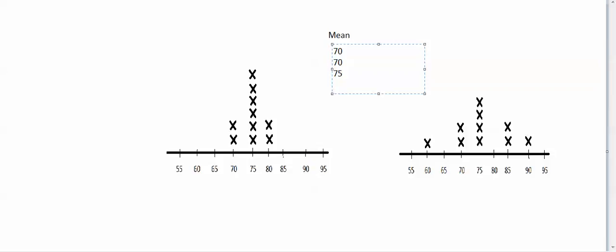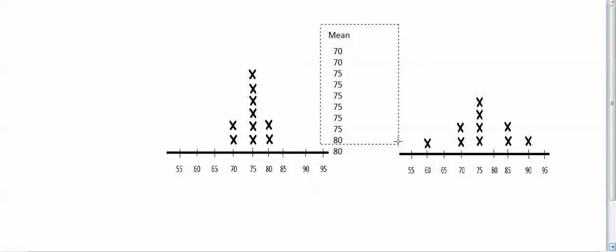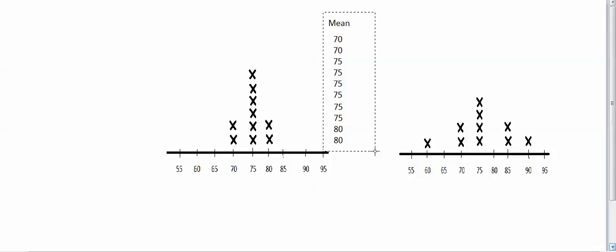We'll do that on the board right here. If I add these 10 exam scores, the total will actually come out to 750.